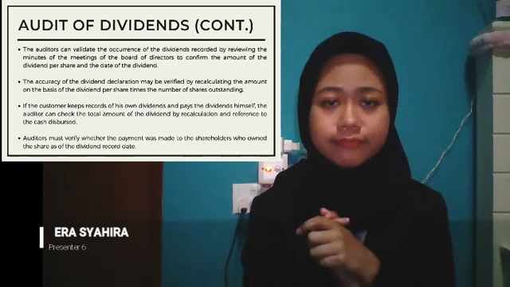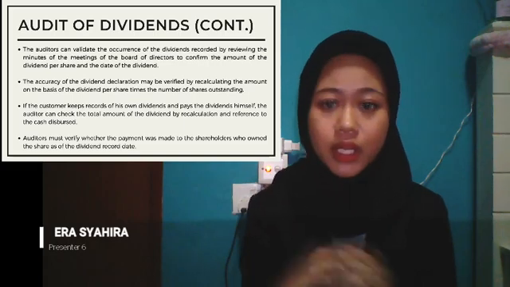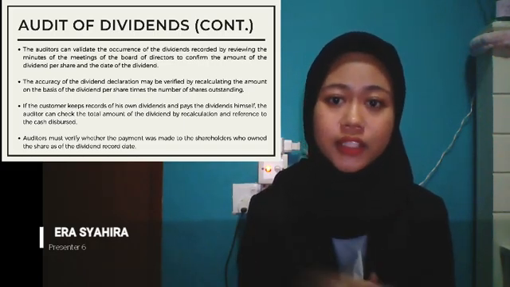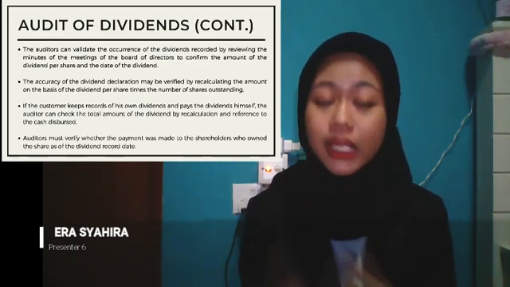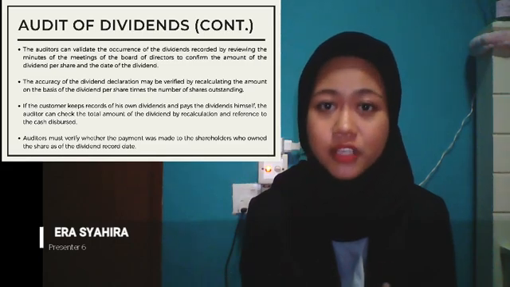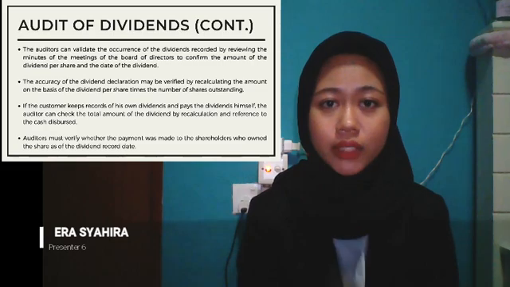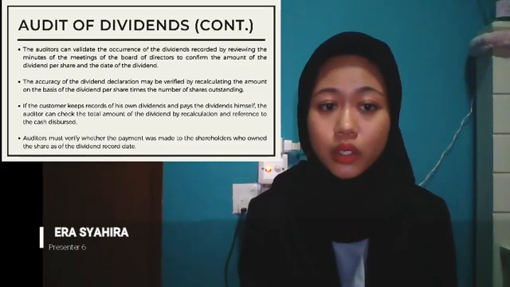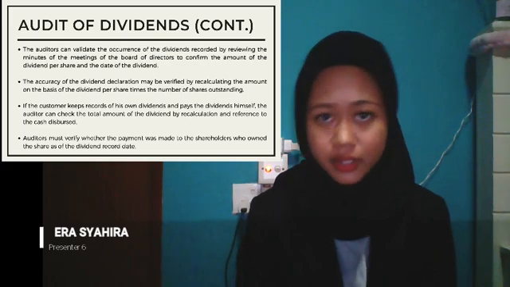If the client keeps the record of its own dividends and pays the dividends itself, the auditor can check the total amount of the dividend by calculation and reference to the cash disbursement. Also, the auditor must verify whether the payment was made to the shareholders who owned the shares as of the dividend record date.